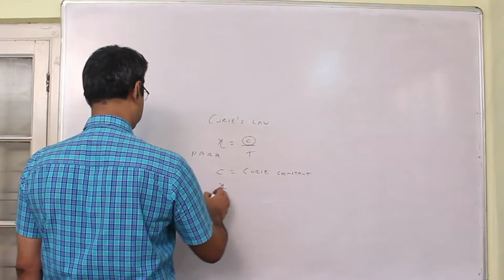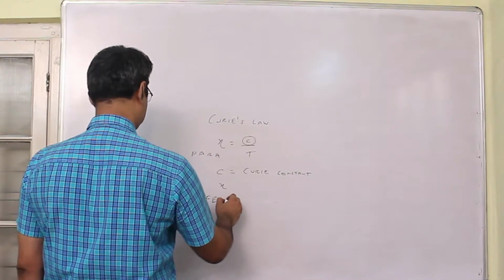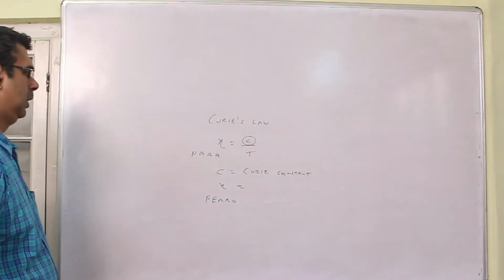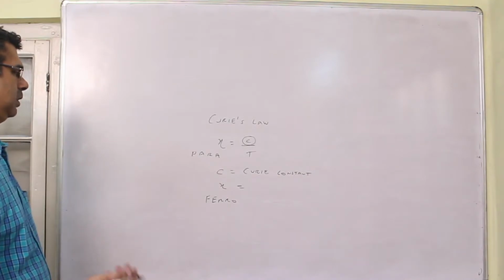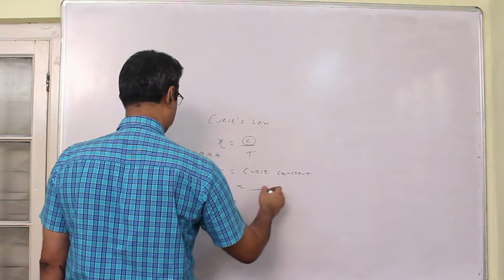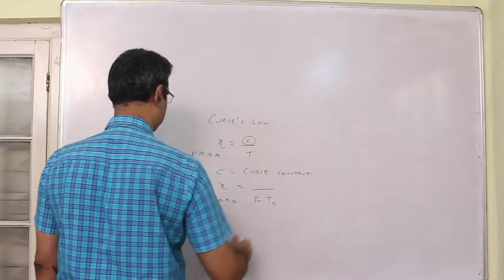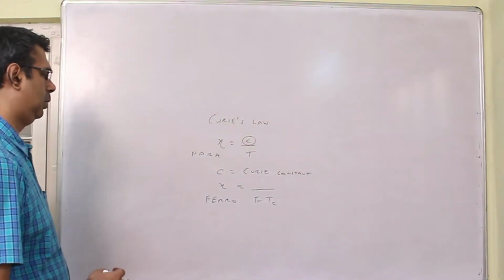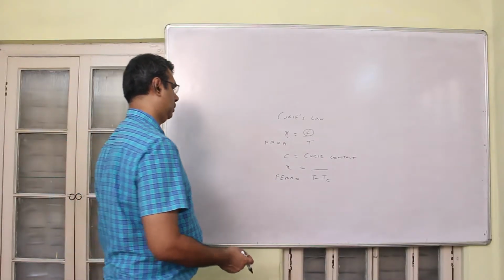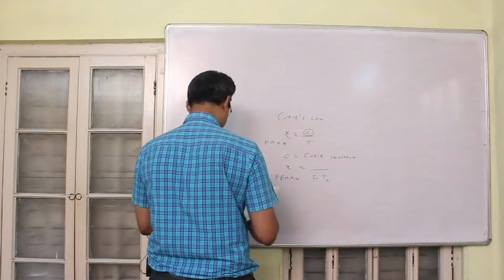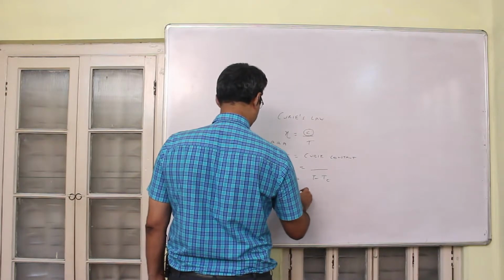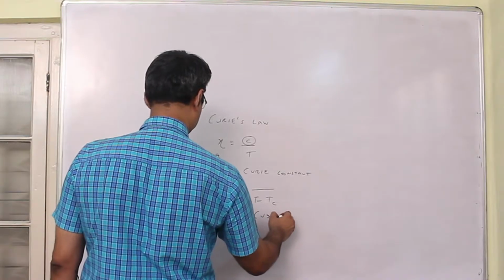Now suppose there is a ferromagnetic substance. We have seen that the magnetism is inversely proportional to the temperature. So if it is a ferromagnetic substance, then on heating, after some time, the dipoles become random and it becomes paramagnetic. The temperature at which it becomes paramagnetic is called the Curie point.